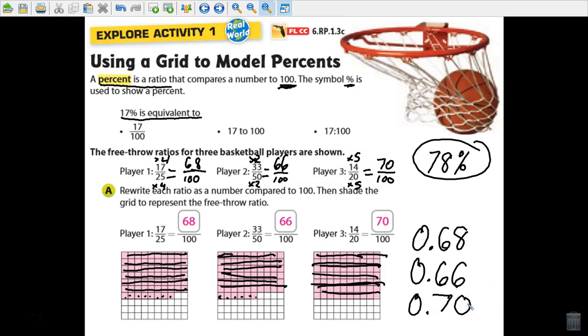Doesn't matter. So if you guys noticed, percents, so we had 68%. The decimal's right here. If you just move the decimal over, that's your decimal. And we don't put the percentage sign. Not so bad.